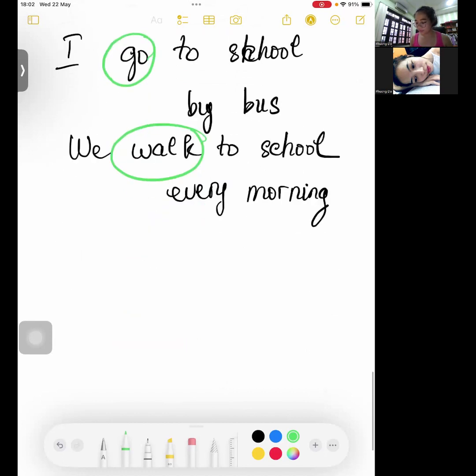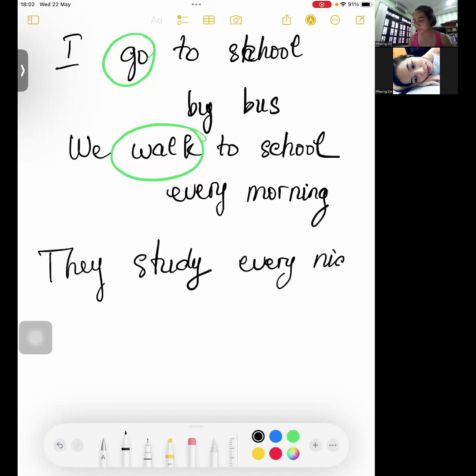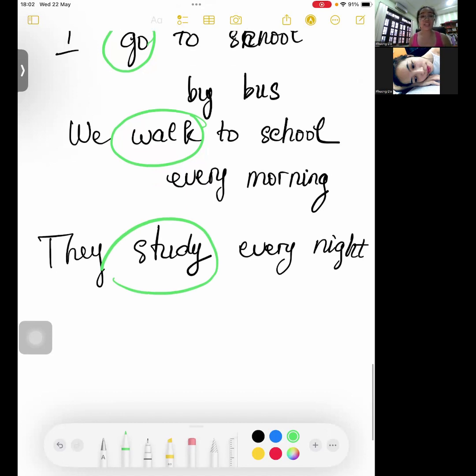All right. They study every night. The base verb we have here is study. Okay, with go, with walk, and with study, we will change the pronouns to he, she, and it.